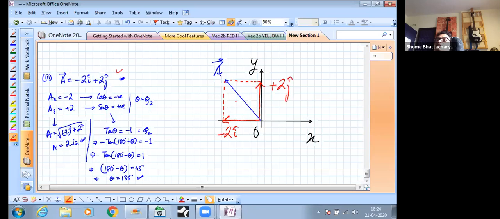So you can see, just draw this, it becomes very clear that this angle is 135.